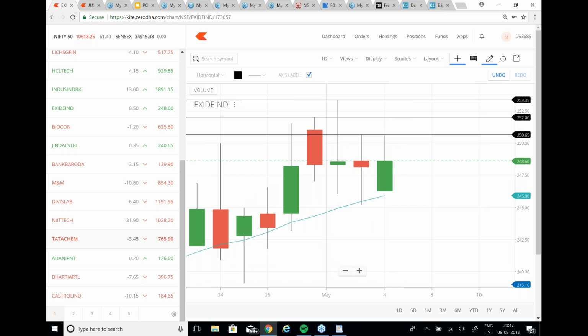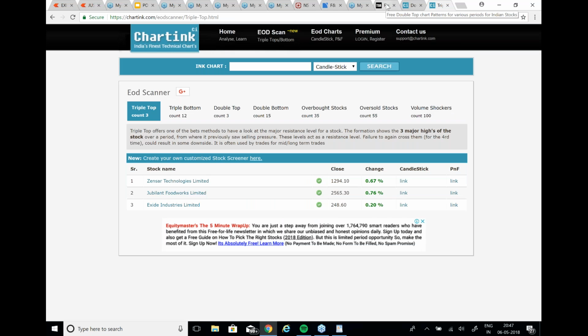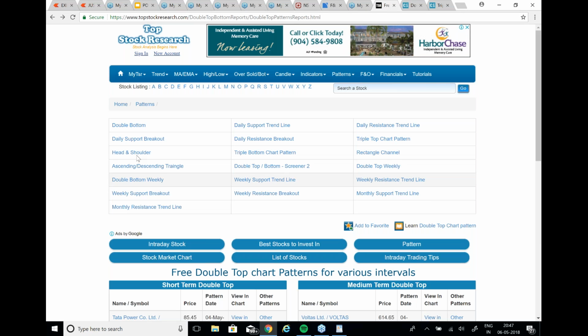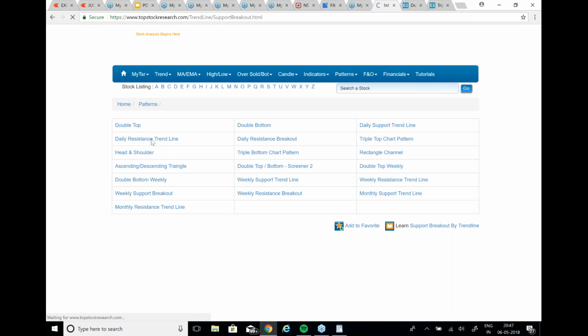So how do you filter that out? I have given you 2 very simple ways. One is the Top Stock Research. See the double bottom, triple bottom, double top, and triple top, right? You can look for the daily support breakout. You know, what are the stocks which have had a breakout?